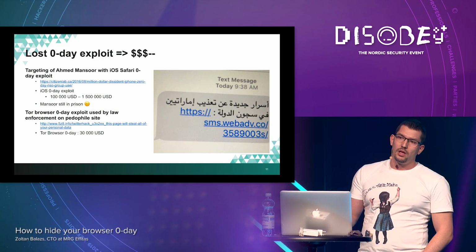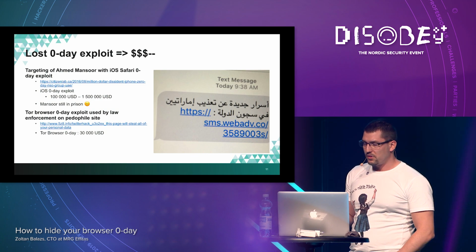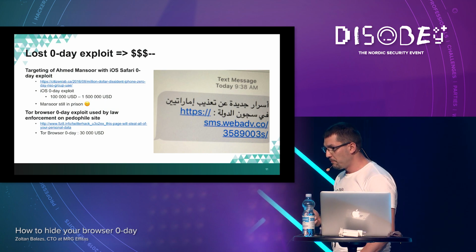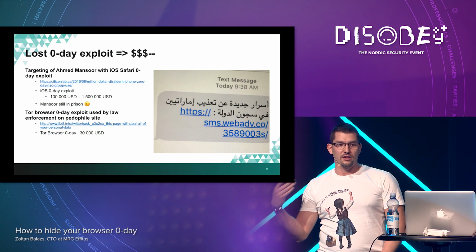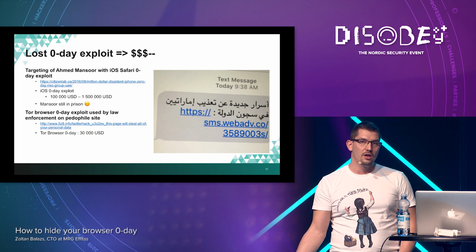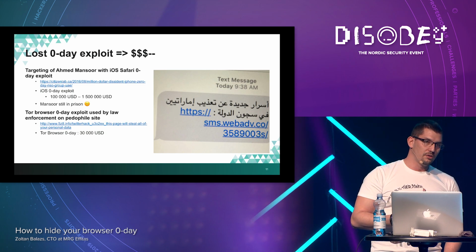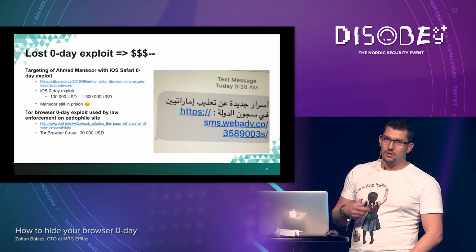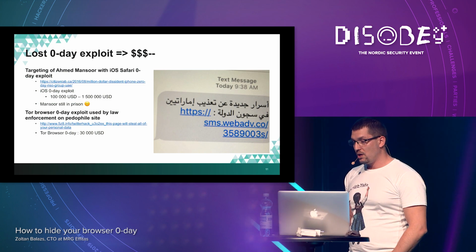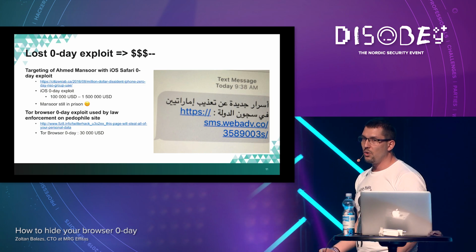What happened in this scenario was that someone quickly realized that there is an exploit code on this website. He posted it on a forum. Mozilla and the Tor browser guys quickly realized that there is a 0 day going on.